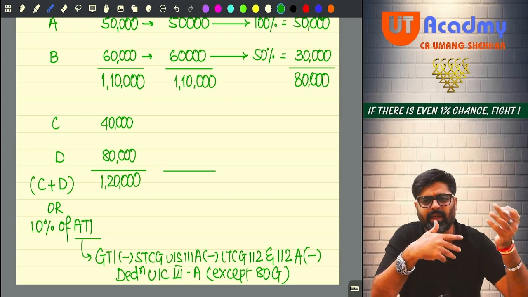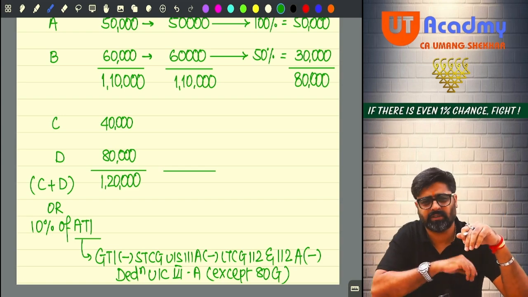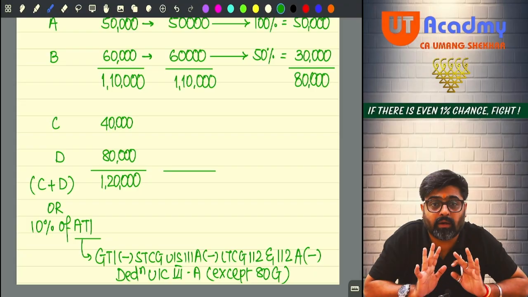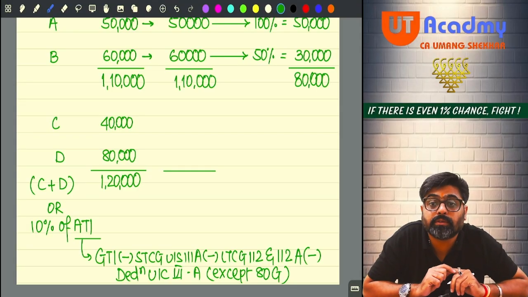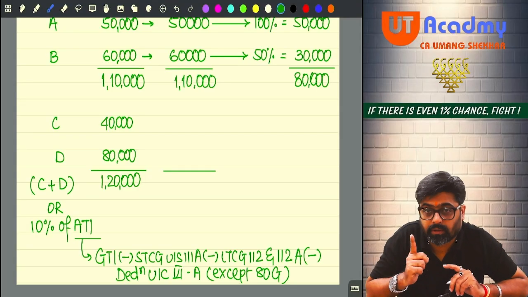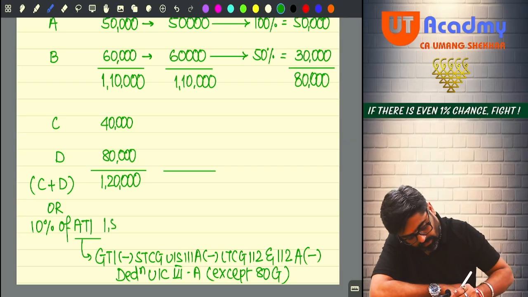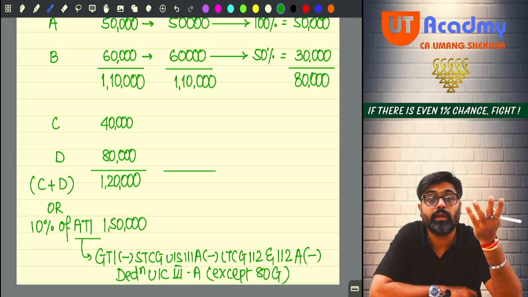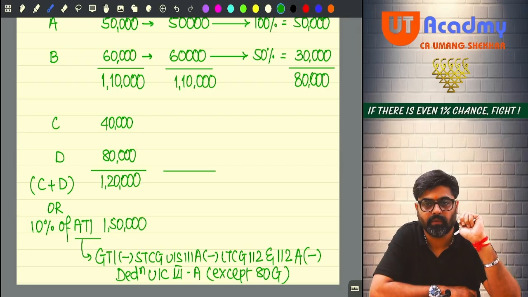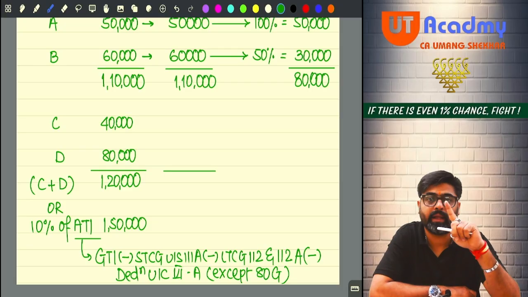Like this only we calculated, and the amount of adjusted total income came to 15 lakh rupees. How much? 15 lakhs. 10% of 15 lakhs will be 1,50,000. This 1,50,000 is the qualifying limit for category C and category D donations.